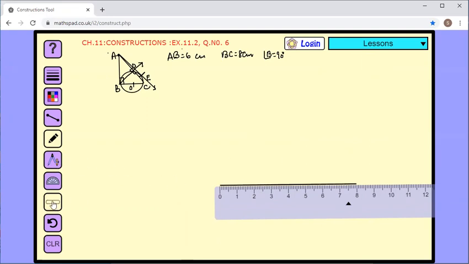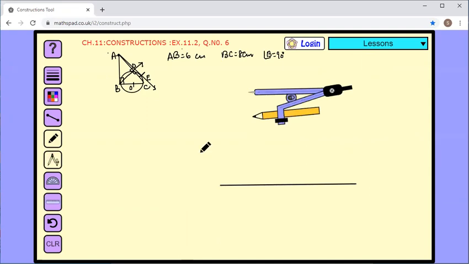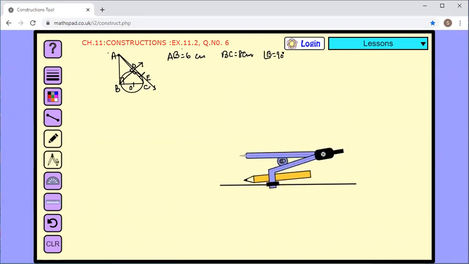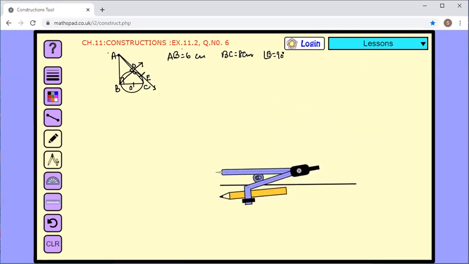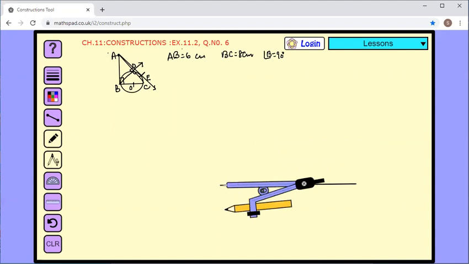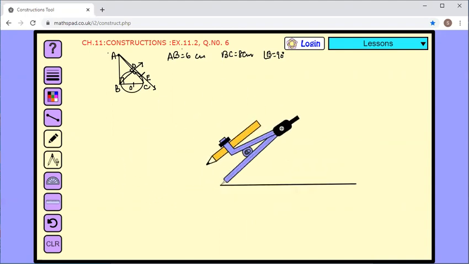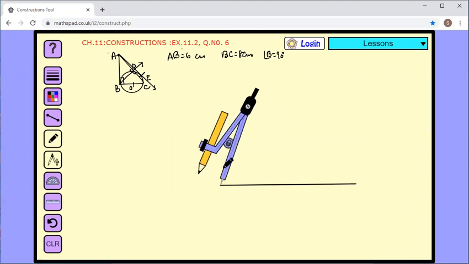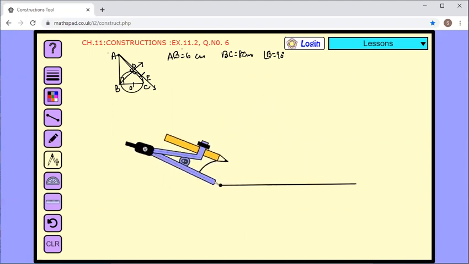Then we will make a 90-degree angle here. As we are given that angle B is of 90 degrees, so we will be making a 90-degree angle here.